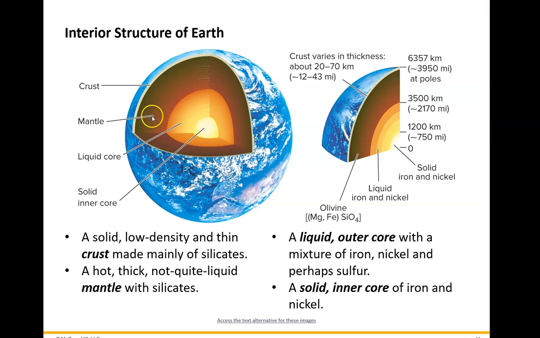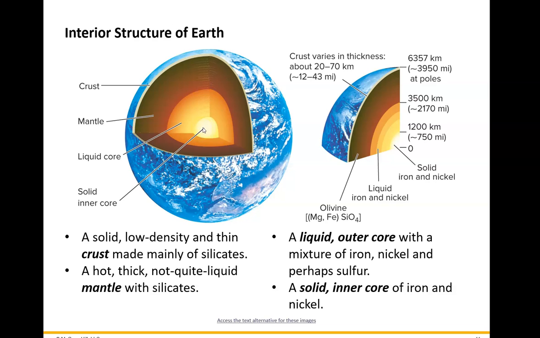And this is kind of, I mean, it's a solid material, but it's almost like a plastic. It's rock that is under tremendous pressure, but it can kind of move around, right? It does move around, and the reason it's moving around is because the inner core, this solid core, is really hot.